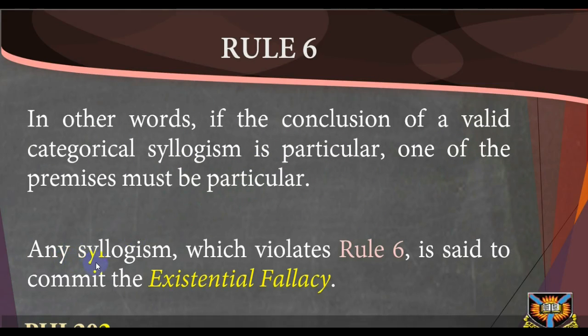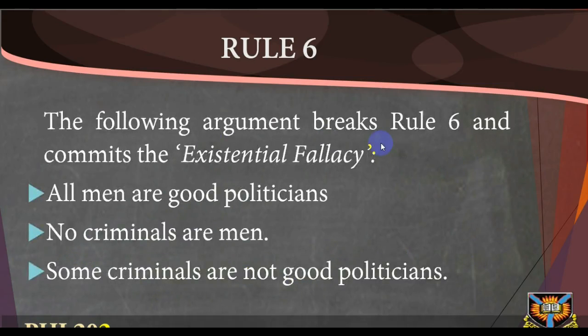Any syllogism which violates Rule 6 is said to commit the existential fallacy. The following argument breaks Rule 6 and commits the existential fallacy. All men are good politicians. No criminals are men. Therefore, some criminals are not good politicians.